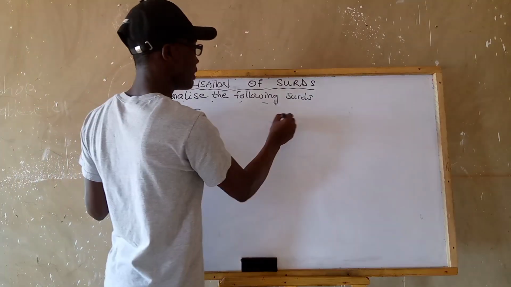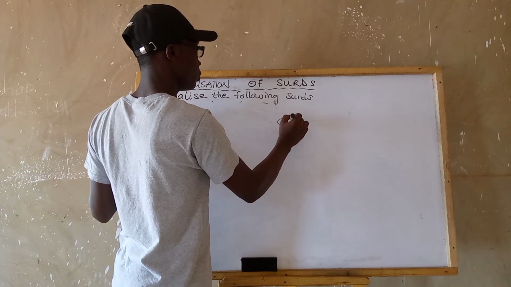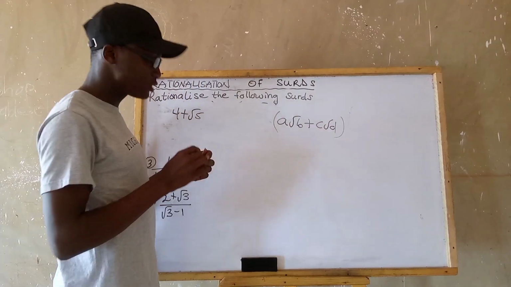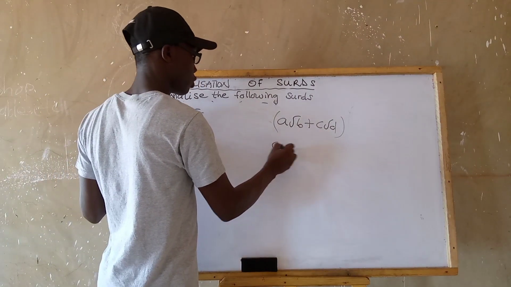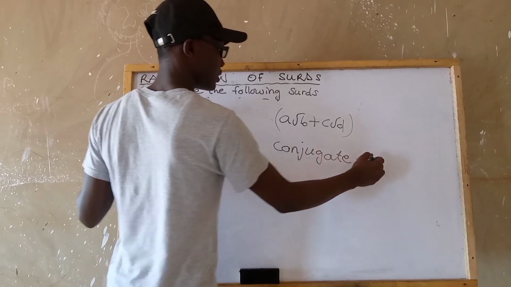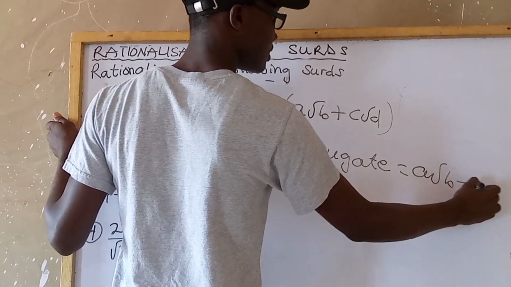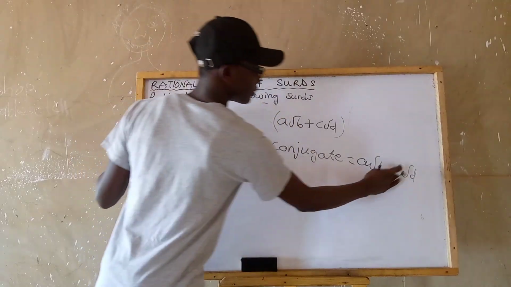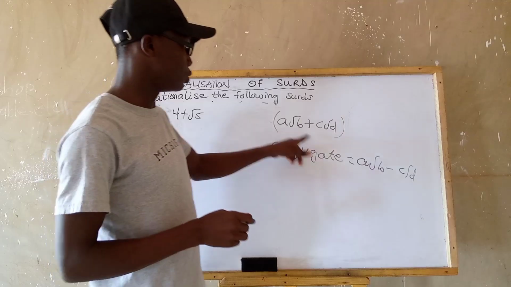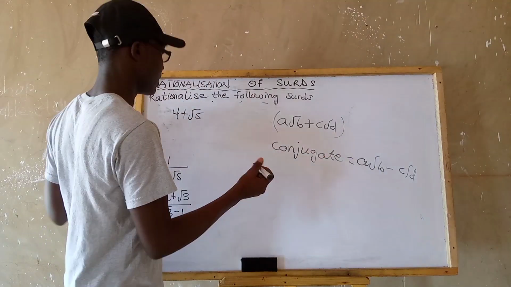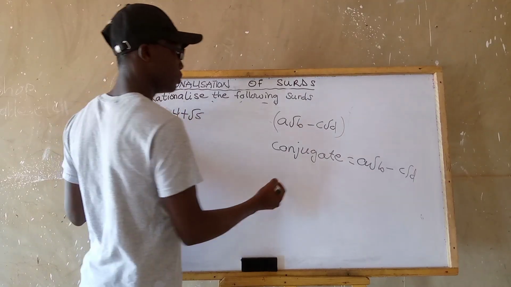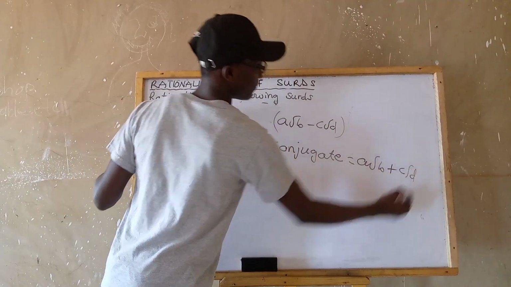If maybe we have a root b plus c root d, the conjugate of this is a root b minus c root d. Just change the sign to minus, or when it is given in minus, the conjugate will be plus.